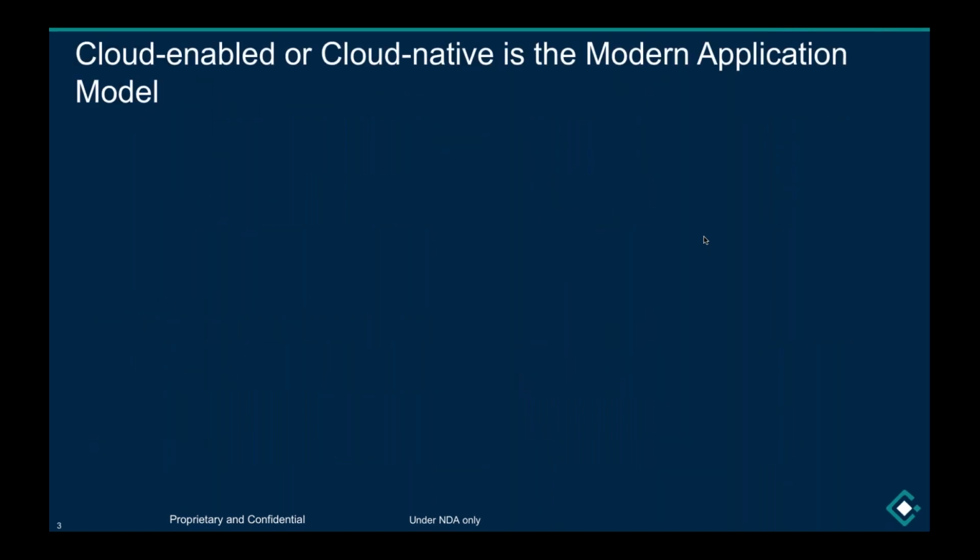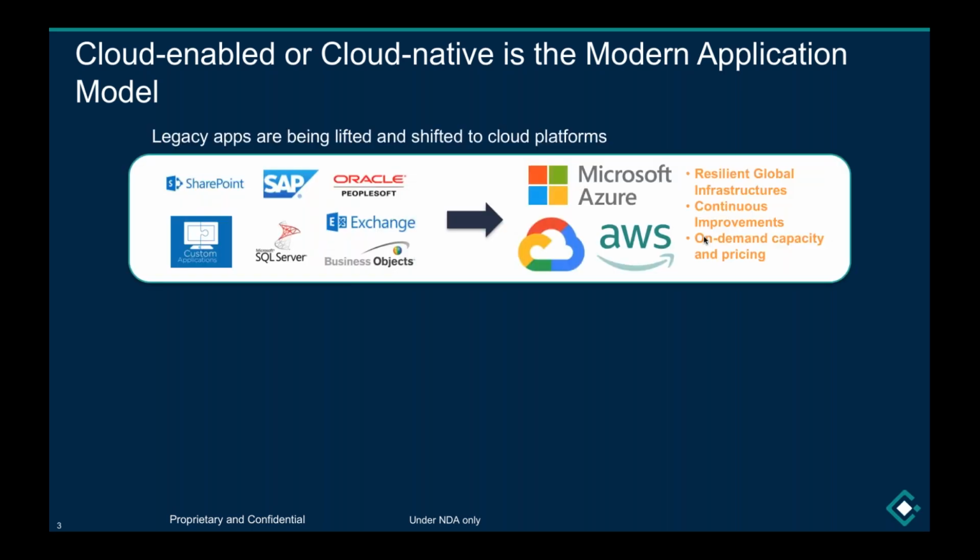Given that, there are 2 distinct things that are happening. They are kind of intermingled, but they are 2 distinct things depending on the type of organization that you are involved with. One is something called cloud-enabled applications. These are, again, modern applications. When I say modern applications, either the infrastructure is changing, because of which the applications are getting modernized to a certain extent.